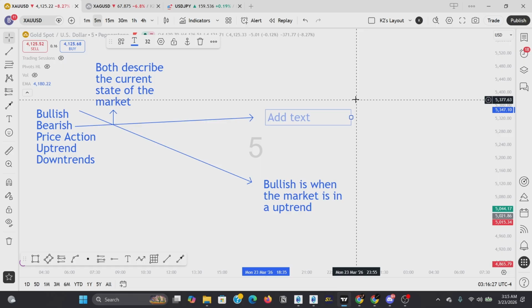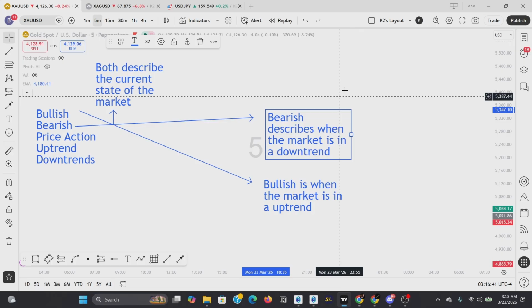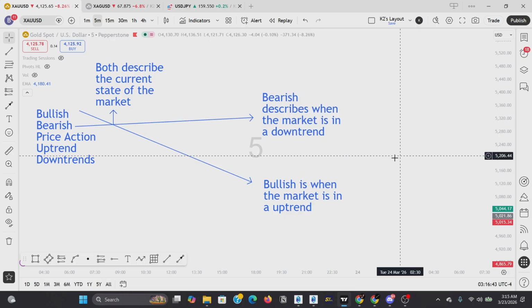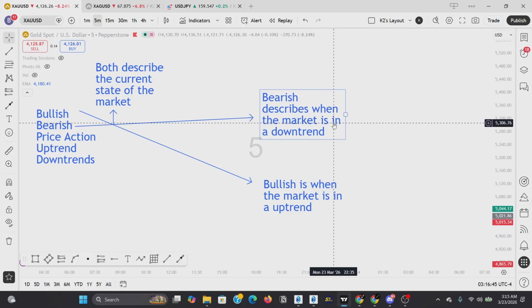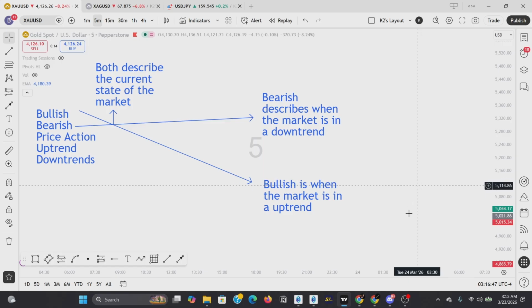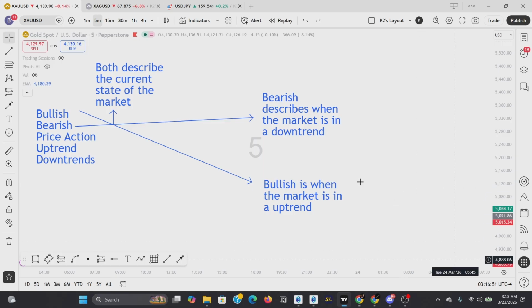Bearish is the exact opposite. Bearish describes when the market is in a downtrend. I will give examples of both of these in a second. If you need to take a screenshot of this, go ahead and take a screenshot. All right.